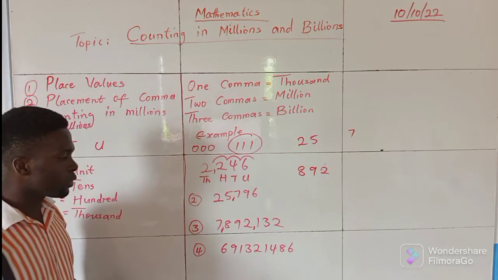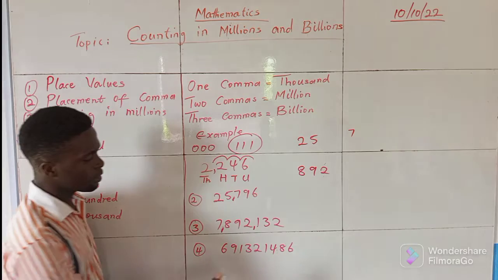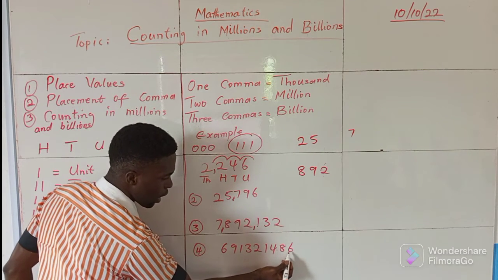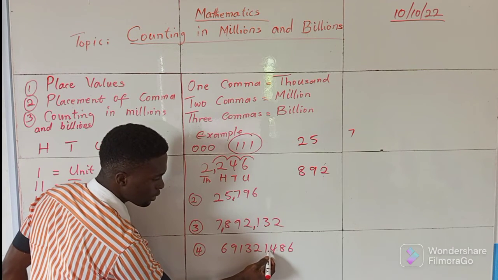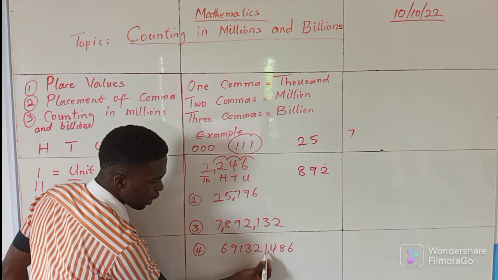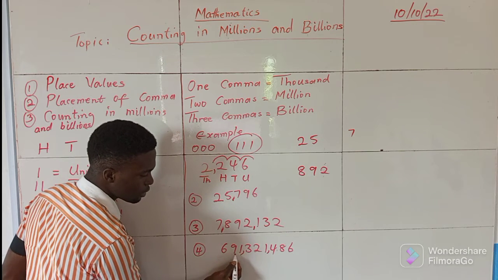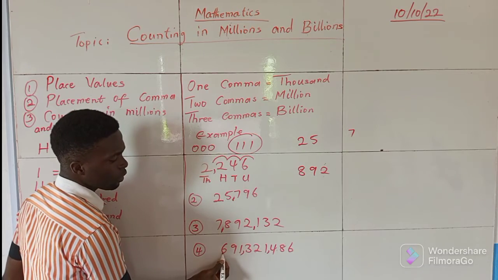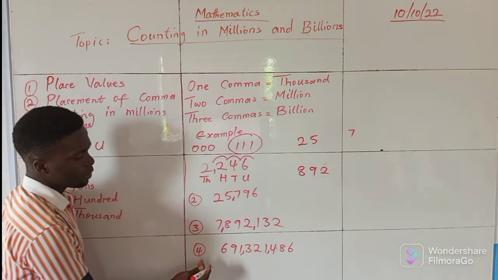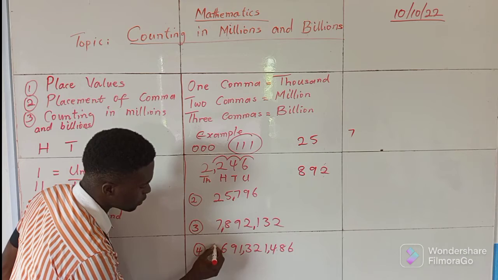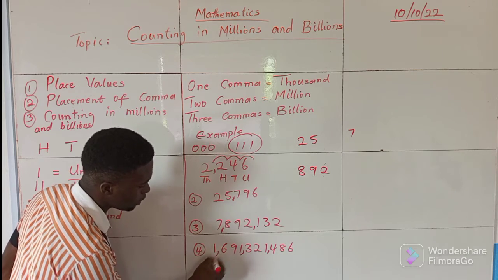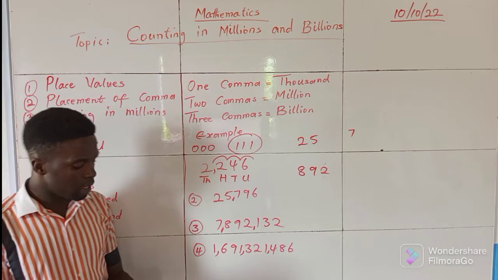So the first thing you have to do is to check the numbers. You count again, 1, 2, 3, comma, 1, 2, 3, comma, 1, 2, 3. Okay, let's add one more since we are going for billion. Then you put your comma again.